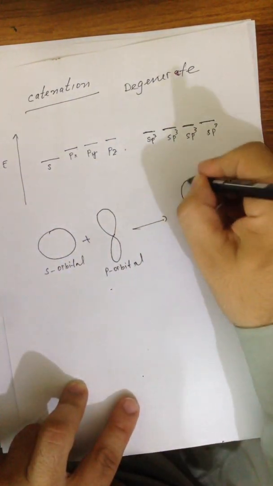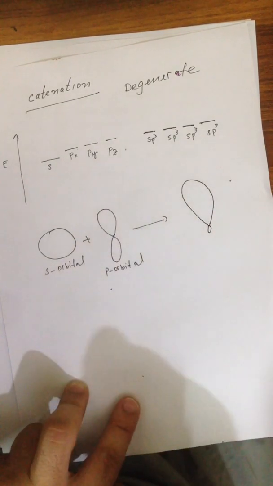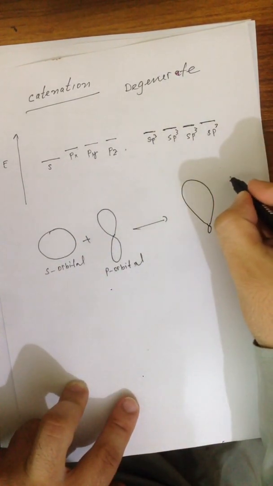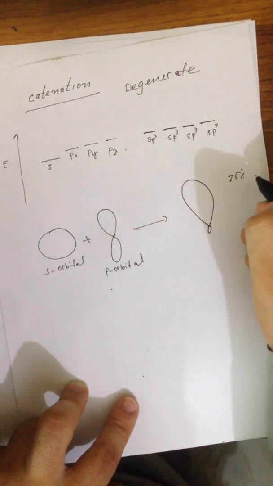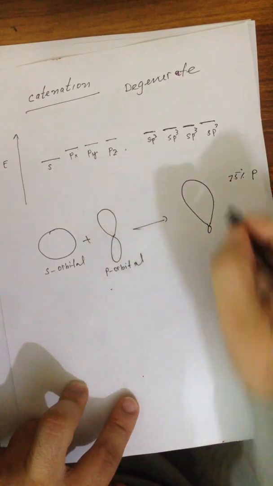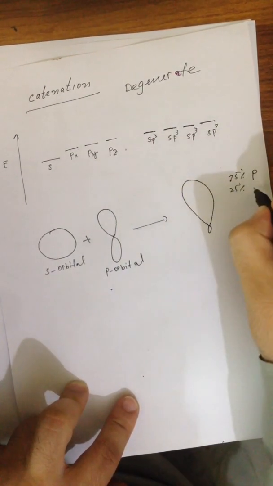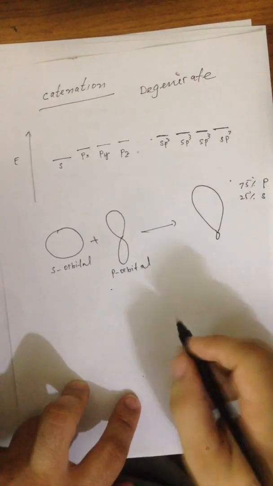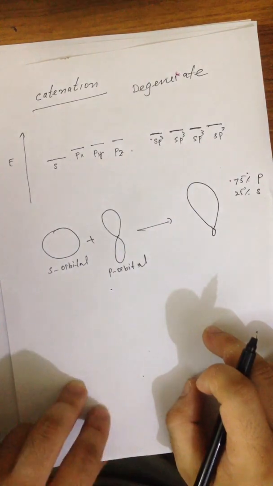It's going to be like this. 75% of this orbital is like the p orbital, and 25% is like the s orbital. So it has the characteristics of both p and s orbitals.